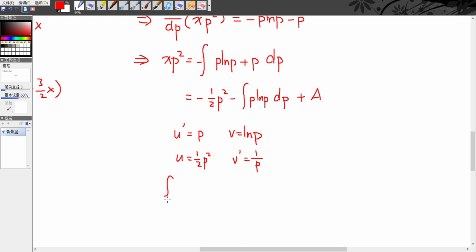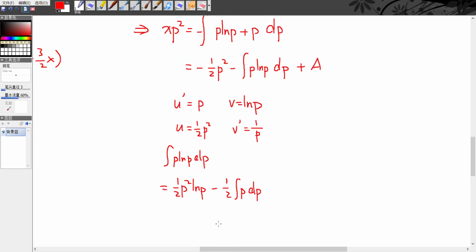So integration p ln p dp is just equal to 1 over 2 p squared ln p minus 1 over 2 integration p dp, which gives us 1 over 2 p squared ln p minus 1 over 4 p squared plus some constant c.